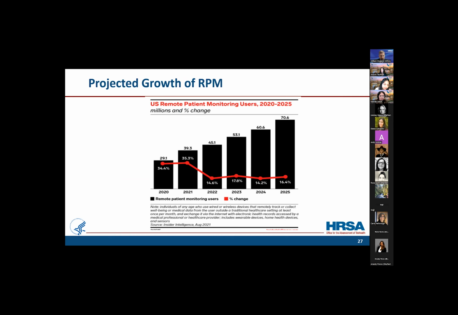A lot of manufacturers are looking at RPM as the growth area now that providers can get reimbursed for RPM activities. There's a lot of technology folks that are extremely interested, and the big box stores are selling stuff that is literally clinical quality that they want you to buy to be able to monitor yourself and provide information to the health system. Next slide.